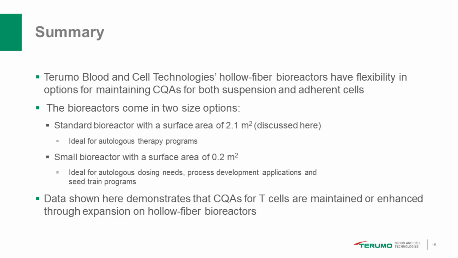The last question for the webcast is, what is the percent recovery of cells from the hollow fiber using your harvest procedure? We see within 5% of the number of cells we expect to get off of the hollow fibers. One thing I didn't discuss was how we measure the amount of cells on there.